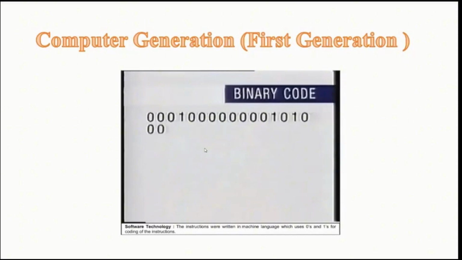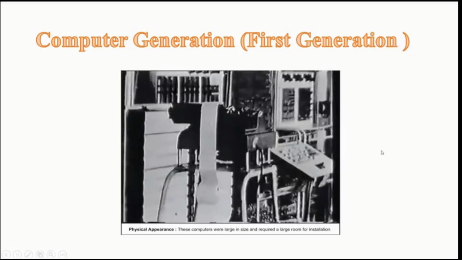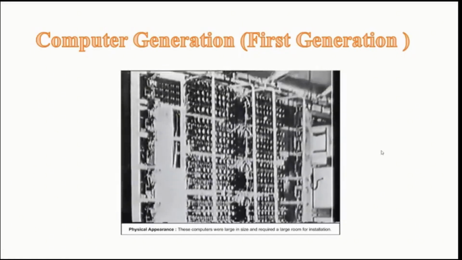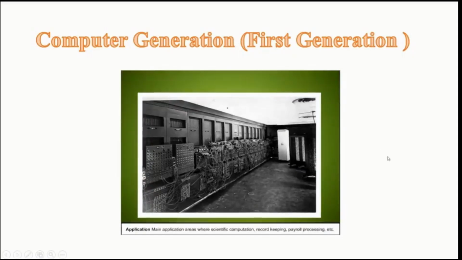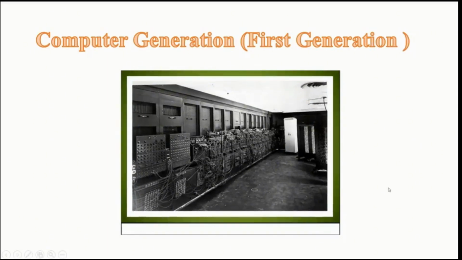It means that it needs to be converted to zeros and ones, and as a code we can define everything in the computers. The installation was so difficult, and the bugs were so many. The application of the first generation was scientific computation, the simple computation that they needed to do. Okay, that was the first generation.